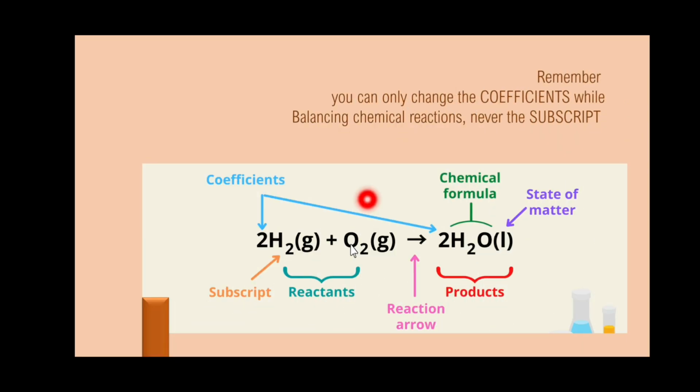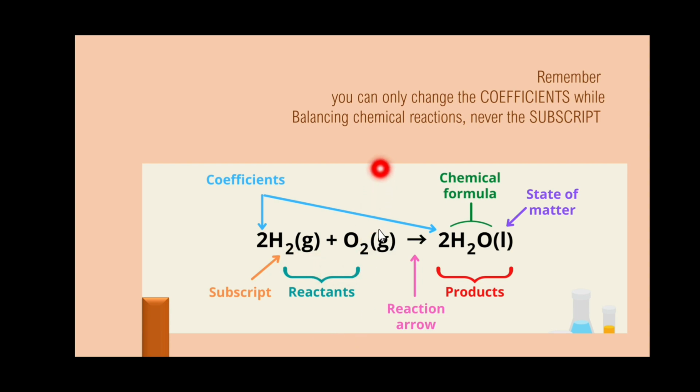Dear student, while balancing the chemical reaction, we must consider one rule. That is, you can only change the coefficients. In a chemical equation, you can change only coefficients, not subscripts.